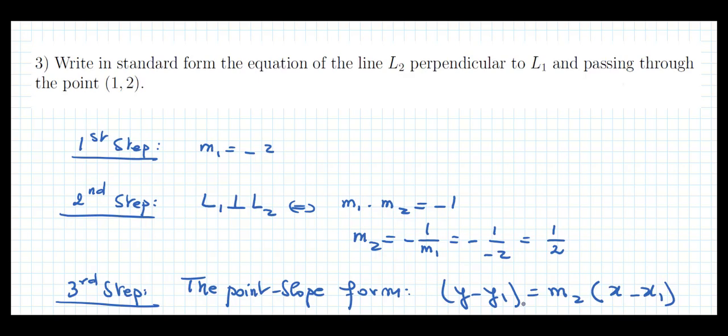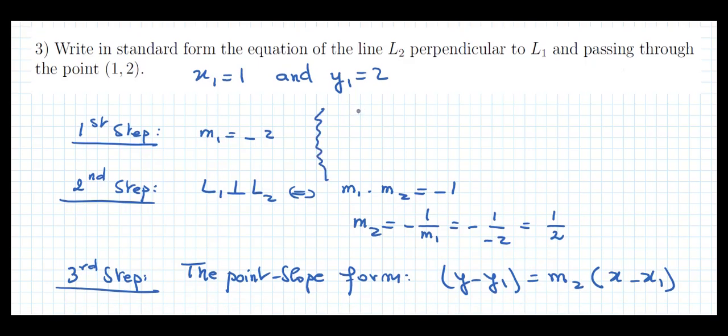So here we have this point, which is the point (1, 2). So x1 equals 1 and y1 equals 2.